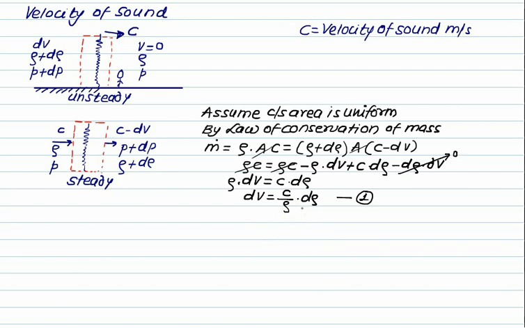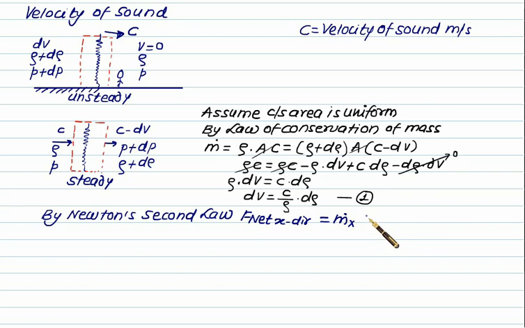Now the second equation we apply is Newton's second law. According to Newton's second law, the net force acting along the x direction equals the rate of change of momentum along the x direction, that is the final velocity minus the initial velocity multiplied by mass flow rate, but you have to take this product along the x direction.